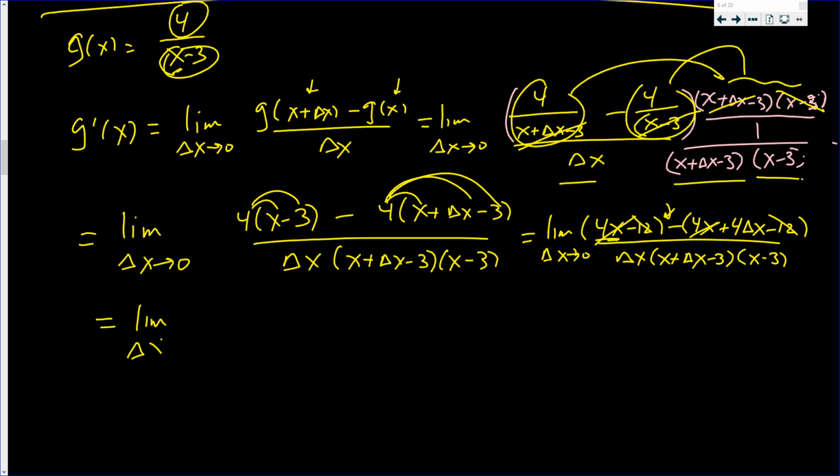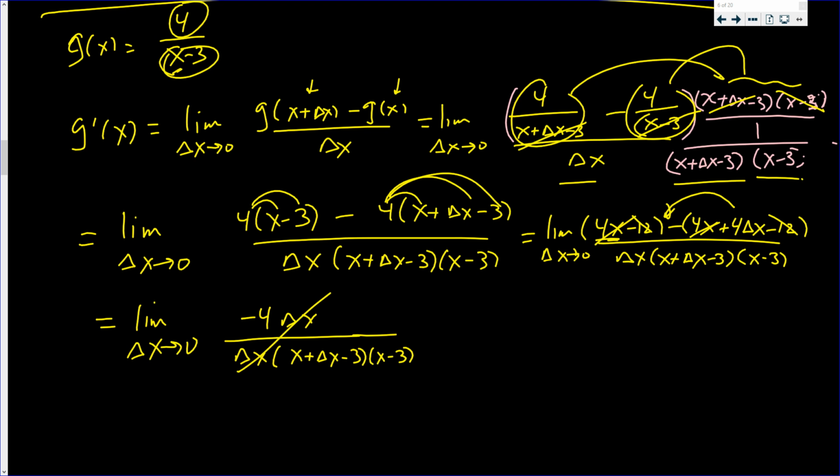So the limit as delta x goes to 0 of minus 4 delta x all over delta x times x plus delta x minus 3 times x minus 3. The good thing is, since delta x is not going to be 0, those delta x's cancel out.